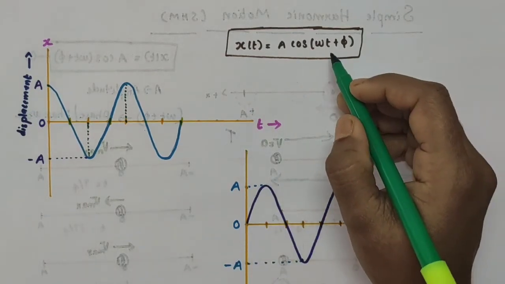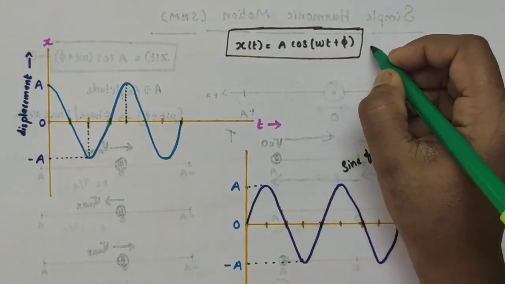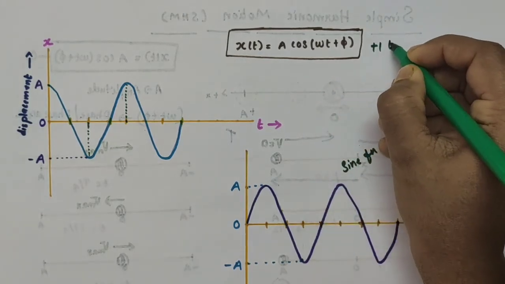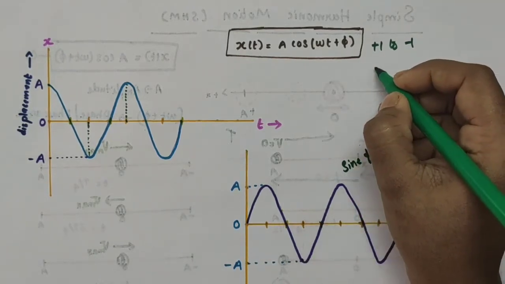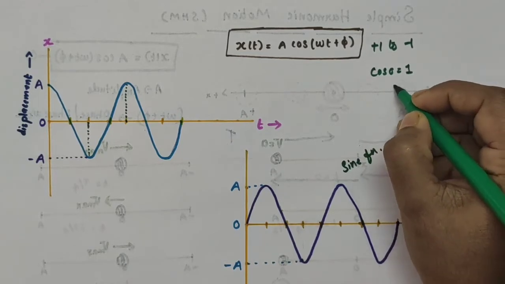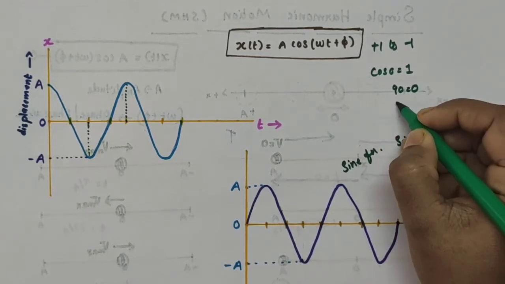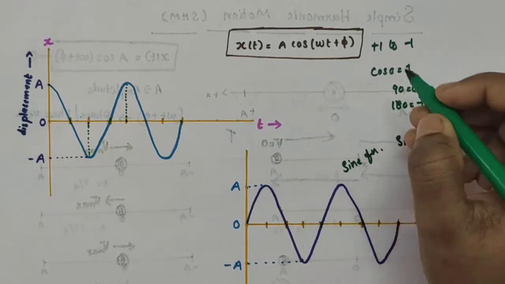But here we have the cosine function, x of t is equal to A cos of omega t plus phi. And the cosine function varies from plus 1 to minus 1: cos 0 is 1, cos 90 is 0, cos 180 is minus 1, and again it repeats.